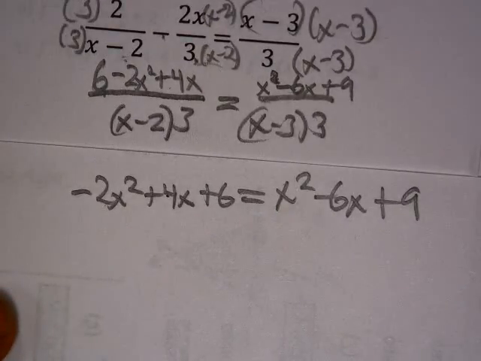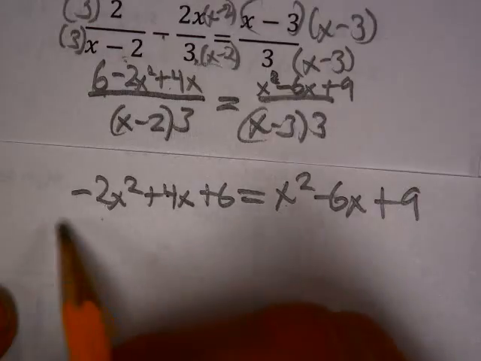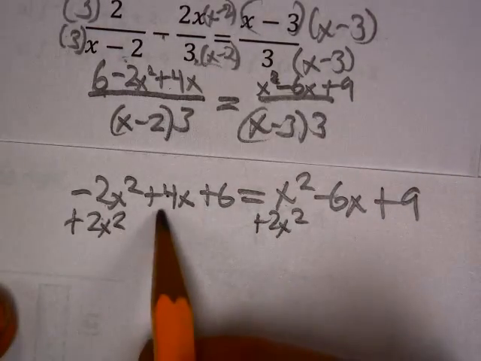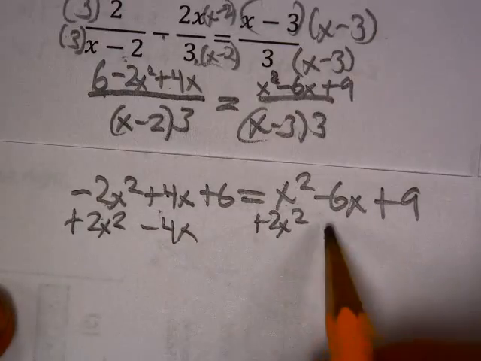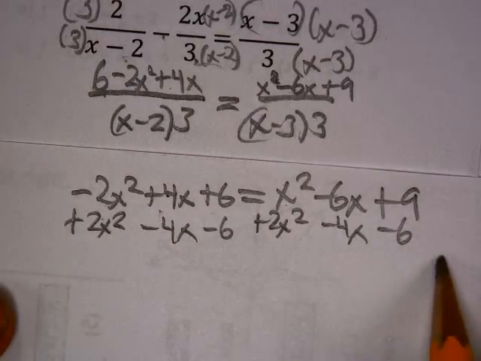This one is very similar to the first two. Get everything to one side. We usually prefer the a value to be positive. So instead of subtracting x squared from both sides, I will add 2x squared to both sides to start. At the same time, I'll get rid of the 4x, and then I will subtract a 6 from both.